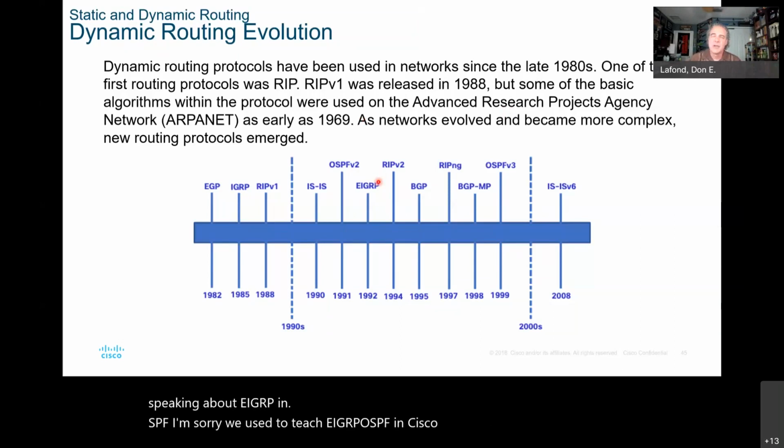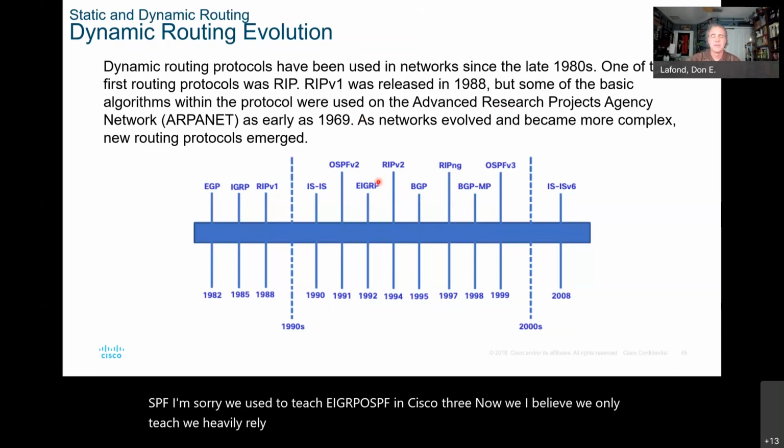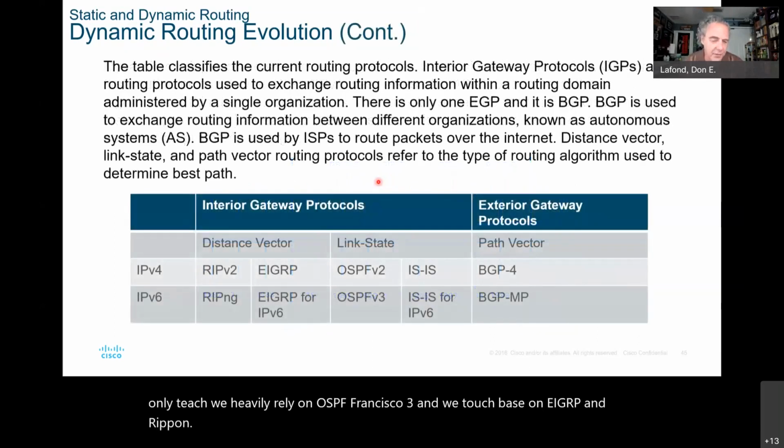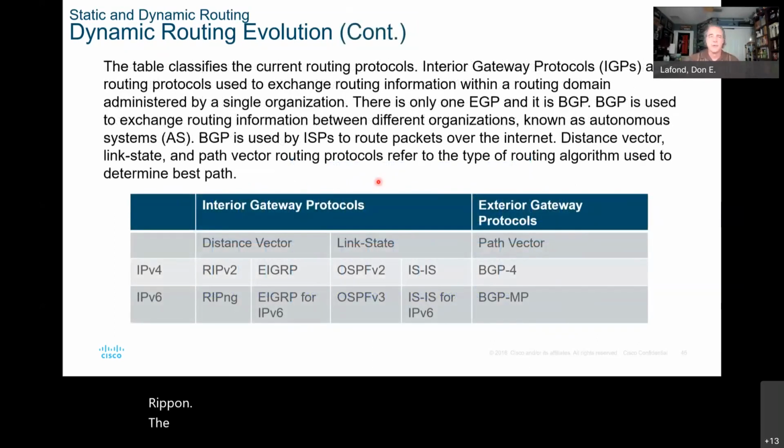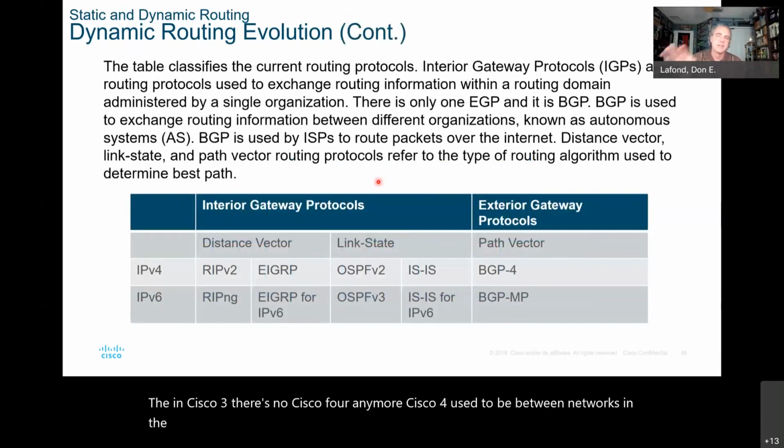Now I believe we heavily rely on OSPF in Cisco 3, and we touch base on EIGRP and RIP. There's no Cisco 4 anymore. Cisco 4 used to cover networks in the ISP. Now that information is included in Cisco 3.